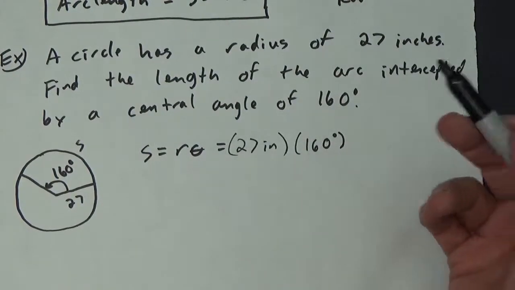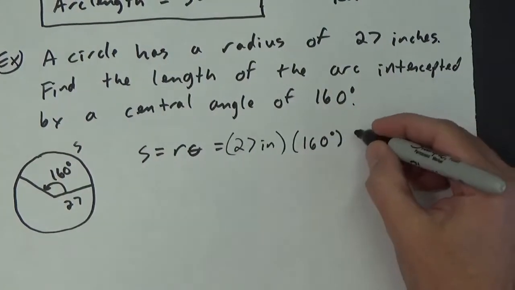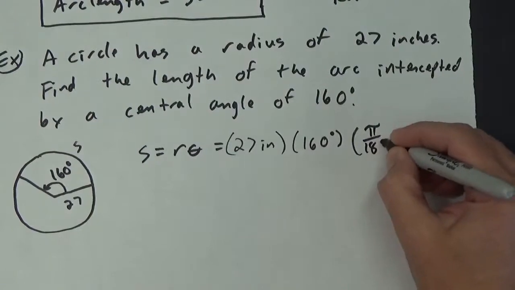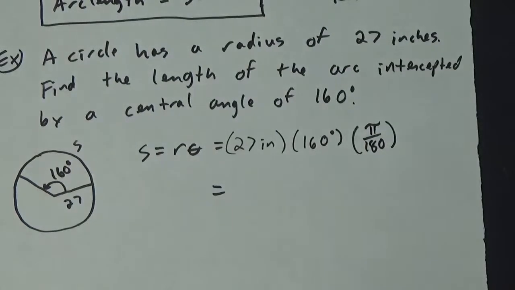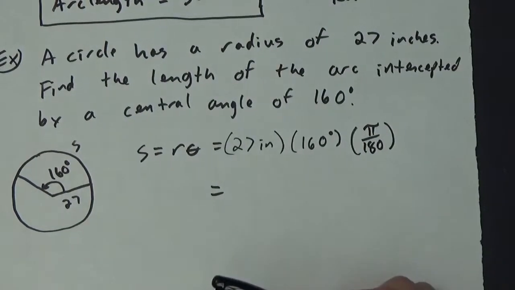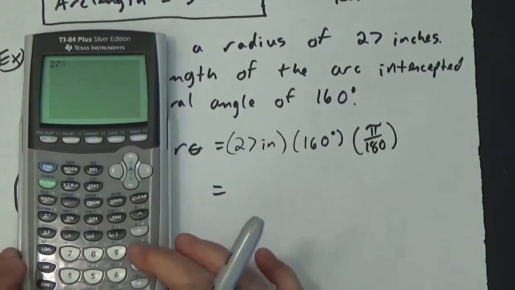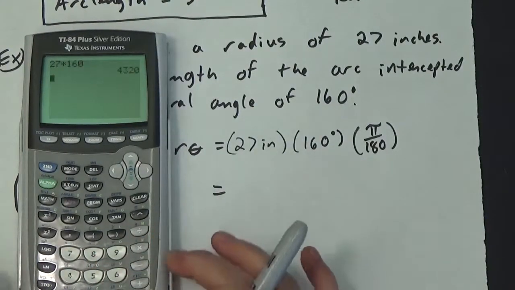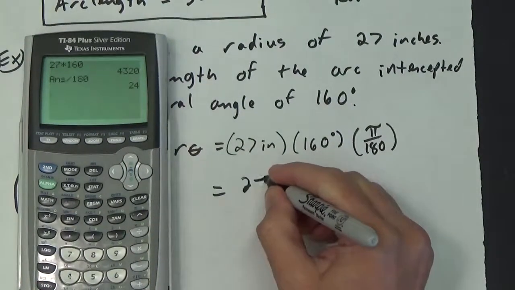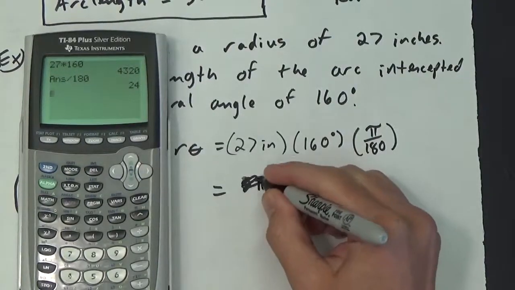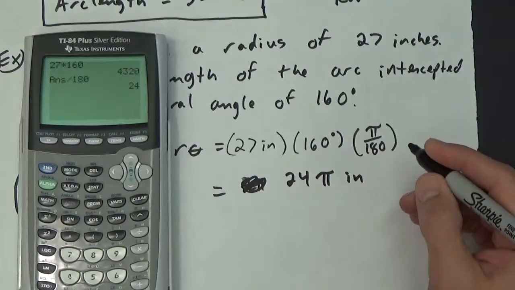The next thing we need to do is convert this from degrees to radians, and we know how to do that. We take our degree measure and we multiply by pi over 180. So let's see here. I'm going to simplify this to 27 times 160 divided by 180. Does it divide evenly? It does. So we get 24 pi inches.